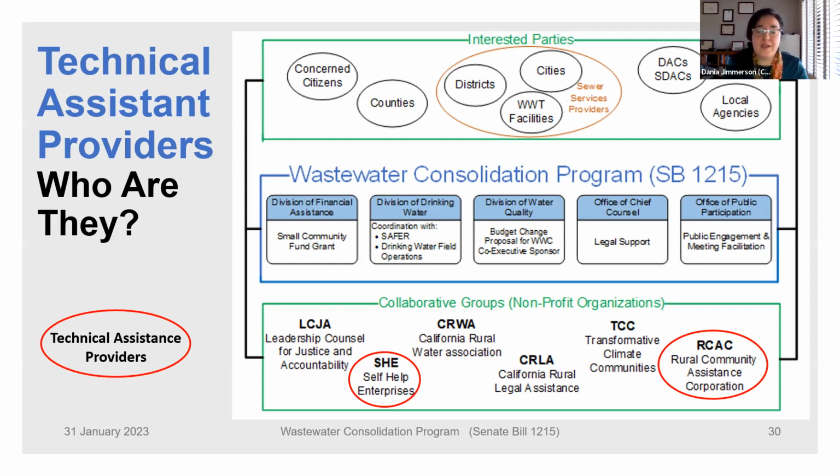But now your scope of work has been increased tremendously, and you can help communities and these projects with full planning, which is just a tremendous opportunity.